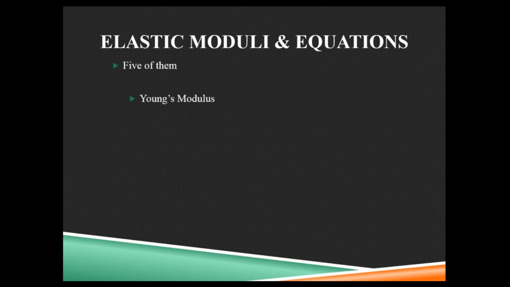Young's modulus, Hooke's law, shear modulus, bulk modulus, and Poisson's ratio. These are the 5 moduli and equations that are central and pivotal to understanding how material deforms under stress.